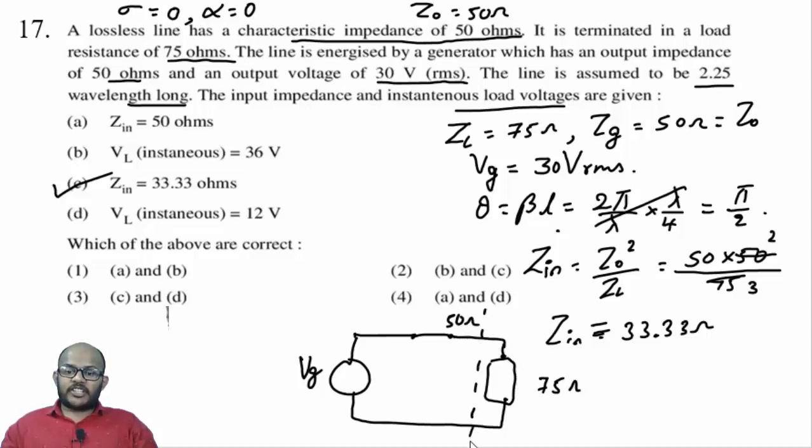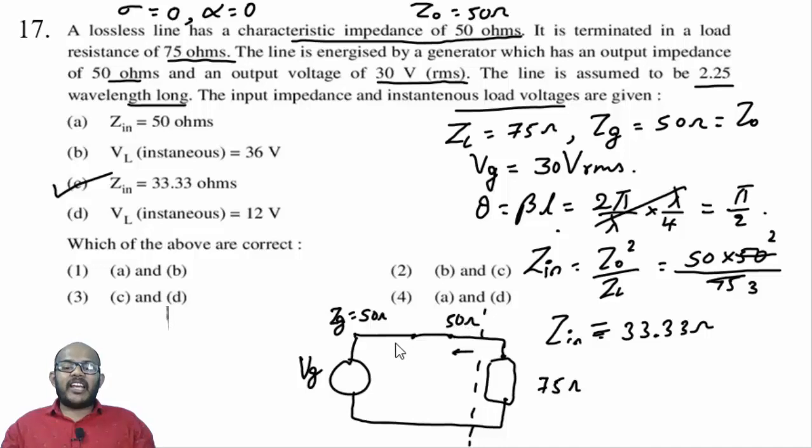So you will be getting a reflection over here. In order to minimize this reflection, you have to keep the length very long, or you have to go for single stub matching or double stub matching. So what is Zg? Zg equals 50 ohms, and the line impedance is also 50 ohms.